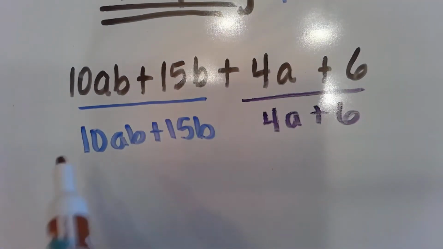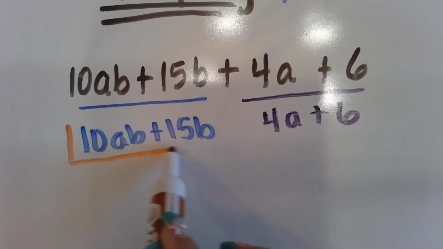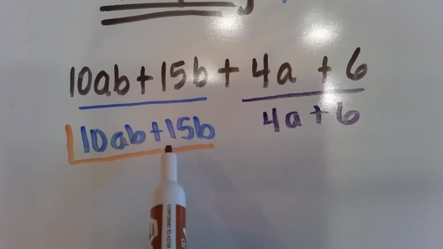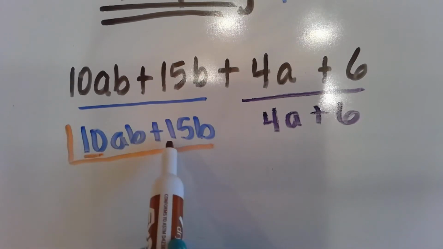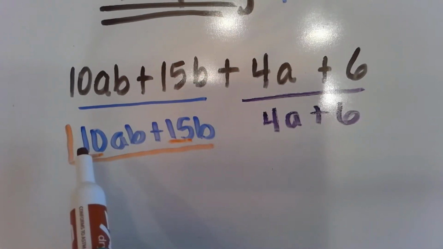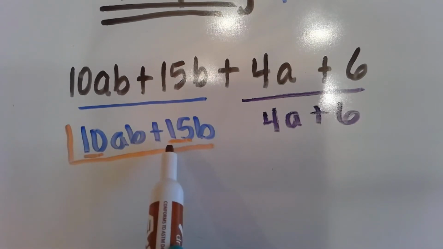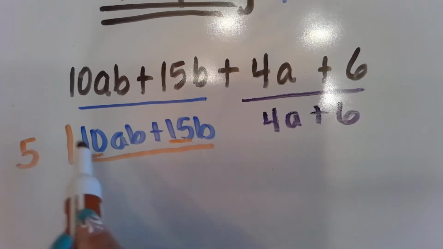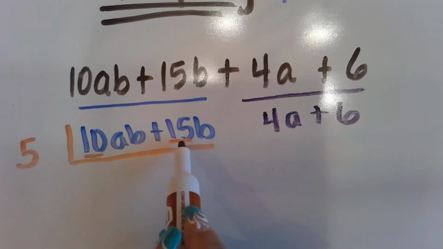We're just going to take these two because we've just grouped them. Group these two together, drawing in my ladder, and we're going to think of division. Let's look at our coefficients, 10 and 15. Do these two have a number that can divide into both of them? 10 and 15. 5 does. 5 can go into 10 and 15.